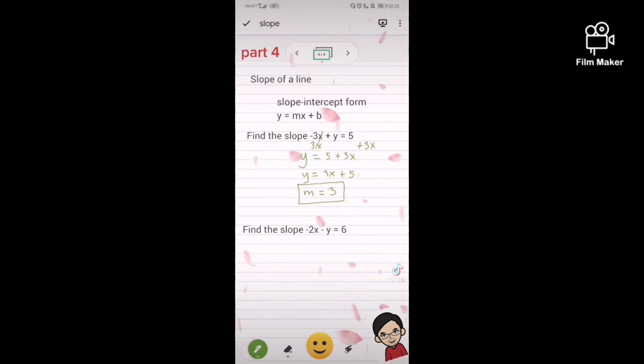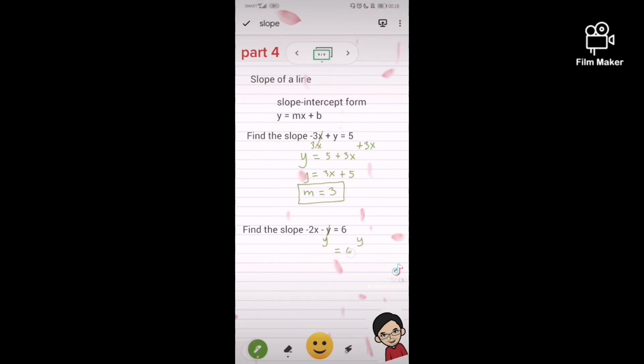Another example, find the slope if you're given negative 2x minus y equals 6. Again, we arrange this into slope-intercept form, isolating y. y needs to be positive, so I'll add y to both sides of the equation. So this becomes 0.